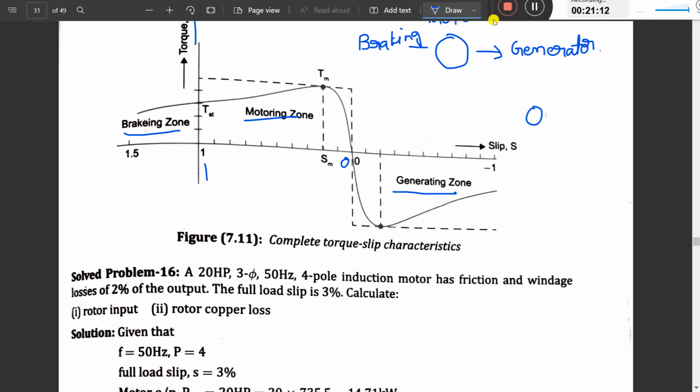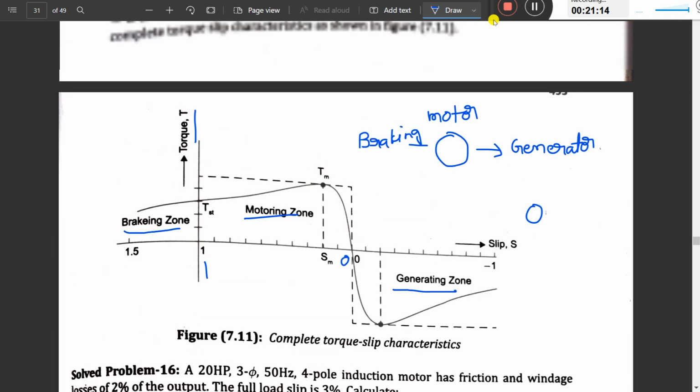Now we can conclude this topic. The main concept in this torque slip characteristic: in the high slip region, the torque is inversely proportional to slip.